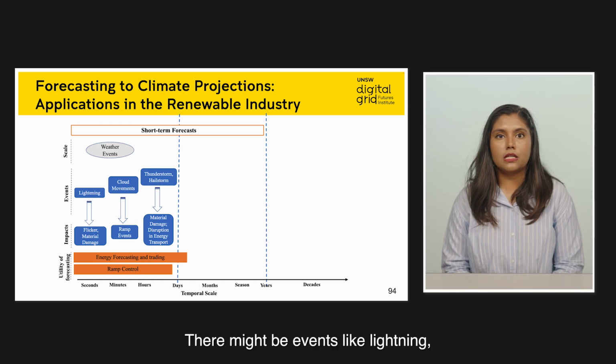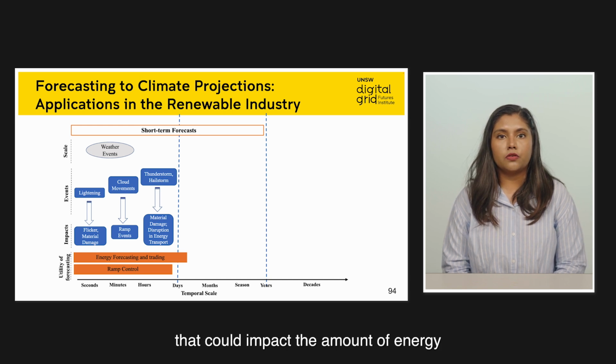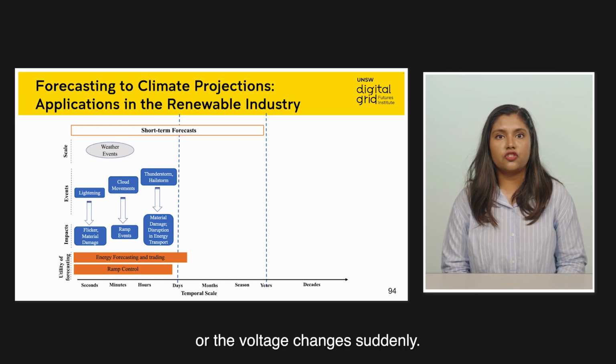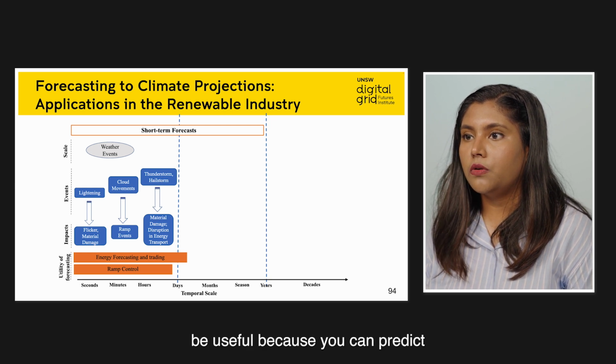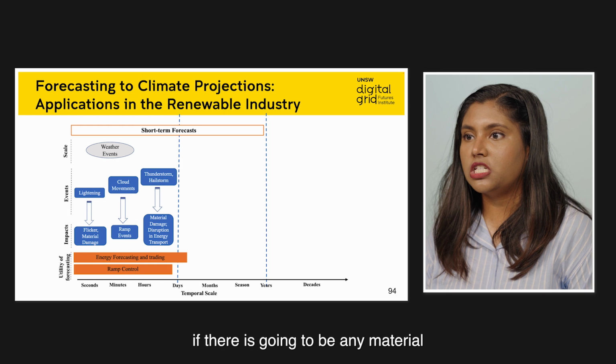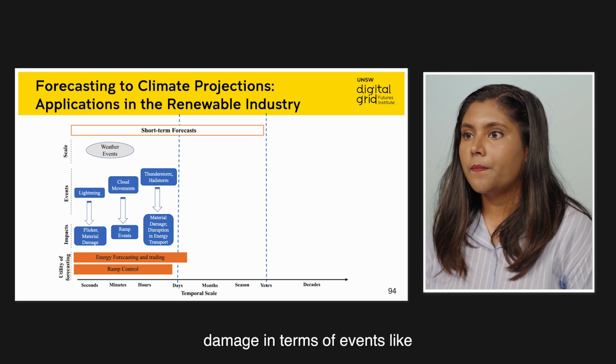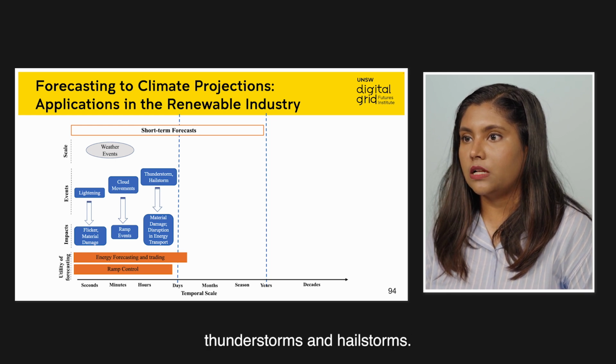There might be events like lightning, cloud movements, or thunderstorms that could impact the amount of energy generation, the voltage flicker, or the voltage changes suddenly. Then the ramps, and also it might be useful because you can predict if there's going to be any material damage in terms of events like thunderstorms and hailstorms.